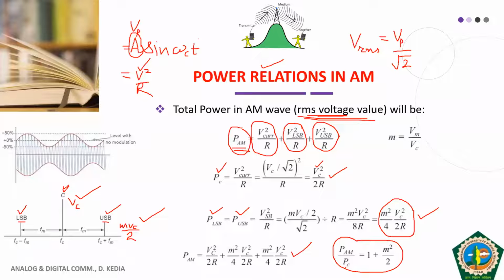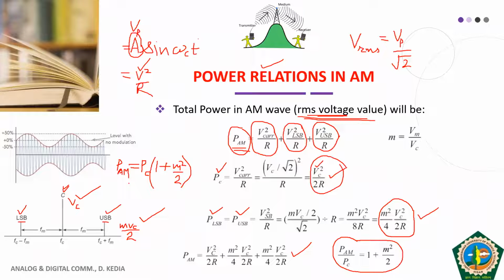Okay. And if you take PC towards the right hand side, then the total power in case of AM signal is equal to PC into 1 plus M square by 2, where M is the modulation index of that AM. And PC we already know. What is PC? PC is your VC square by 2R.